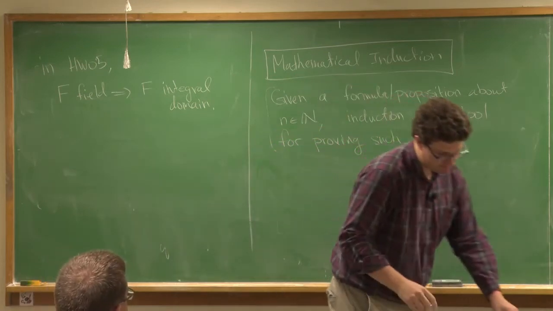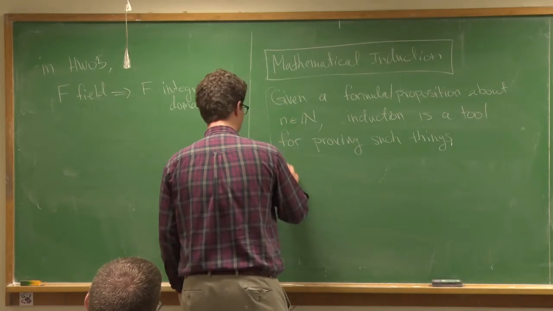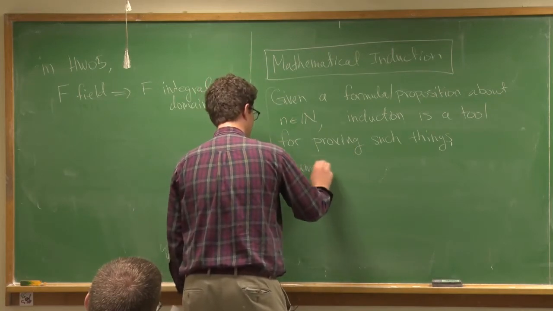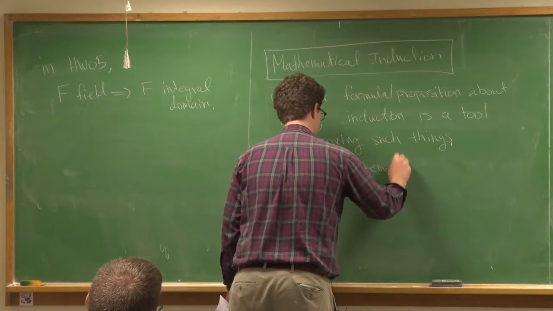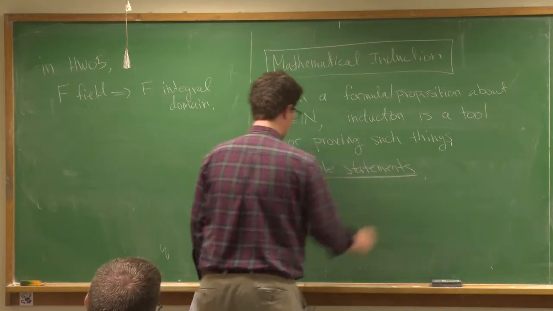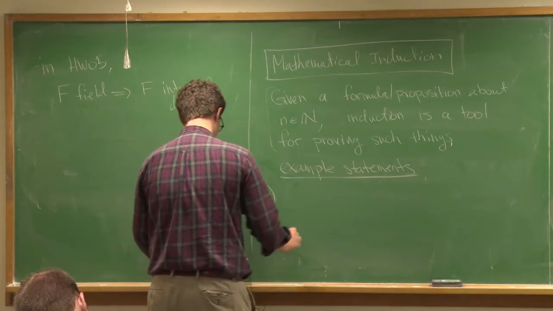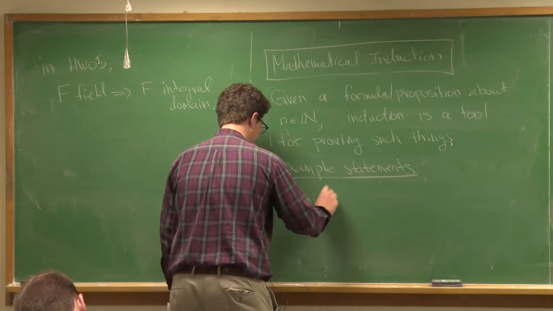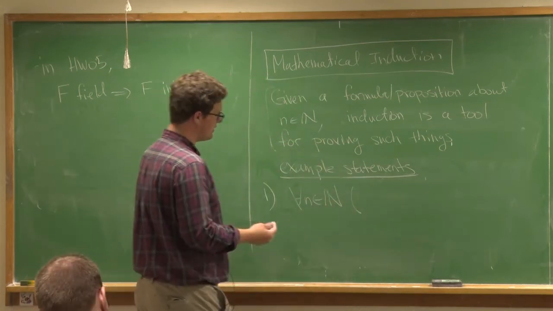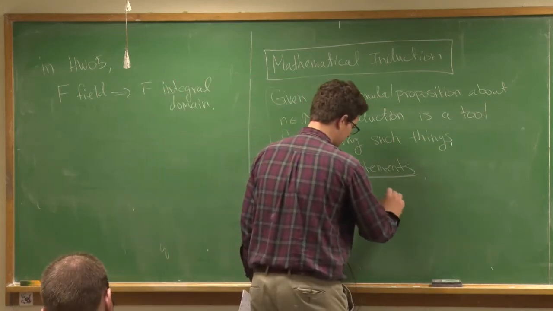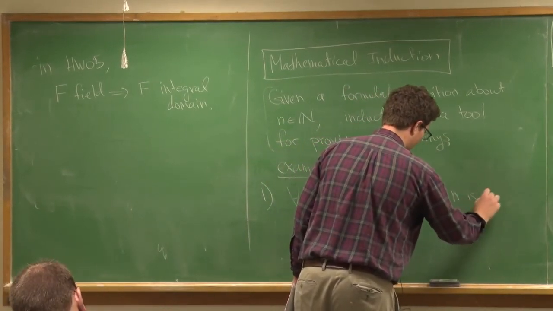So let me give you example statements about the natural numbers. Here's a first example statement: for every natural number, n is either even or n is odd.